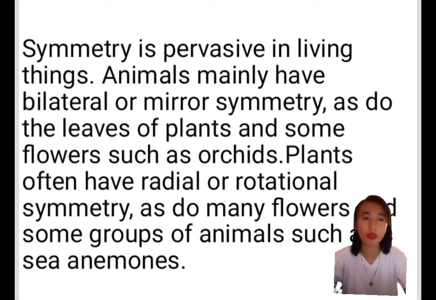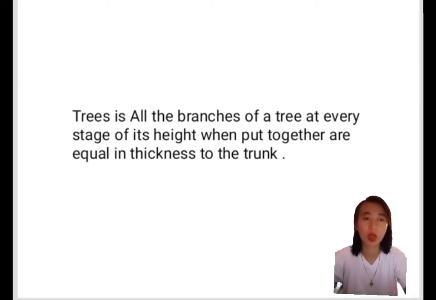Plants often have radial or rotational symmetry, as do many flowers and some groups of animals such as sea anemones. Trees: all the branches of a tree at every stage of its height, when put together, are equal in thickness to the trunk.